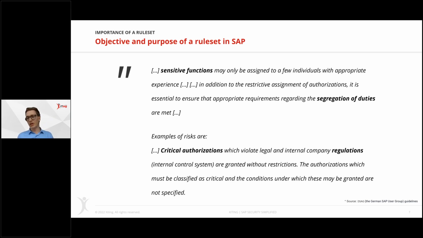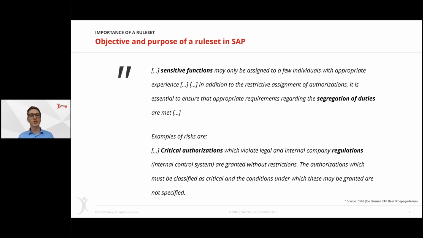We are using here the DSAG, the German SAP user group guidelines, as a good starting point for our conversation about what is actually sensitive in your system, because sensitive functions are those that should only be assigned to a few individuals.